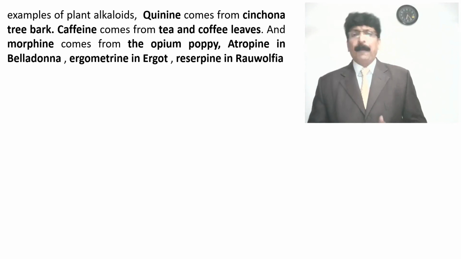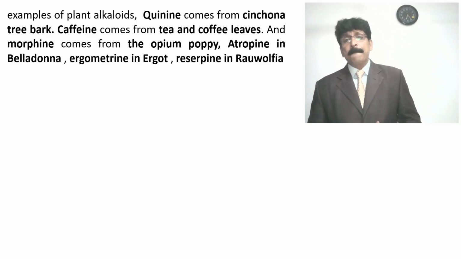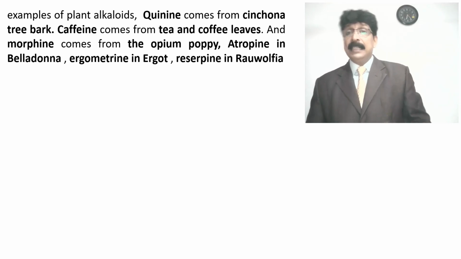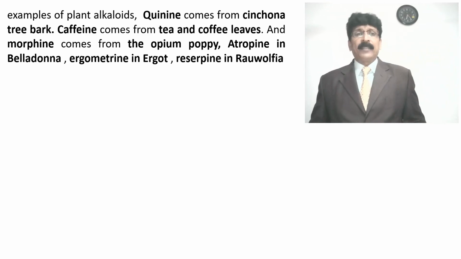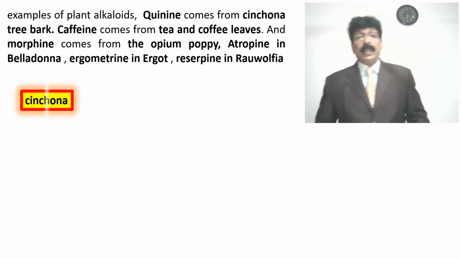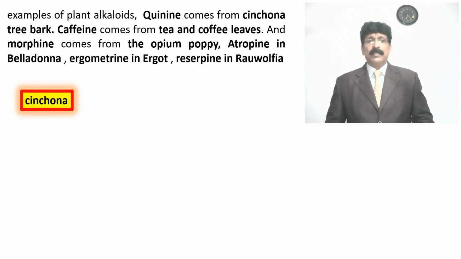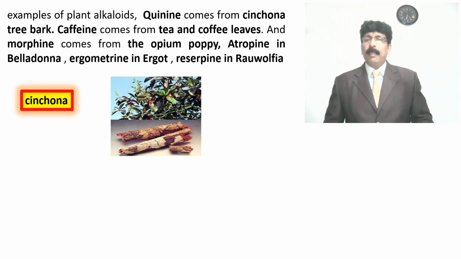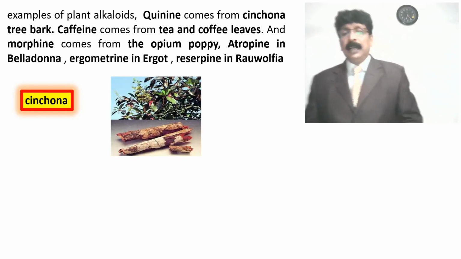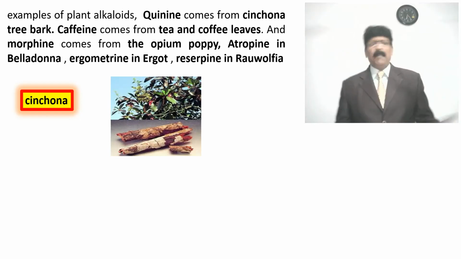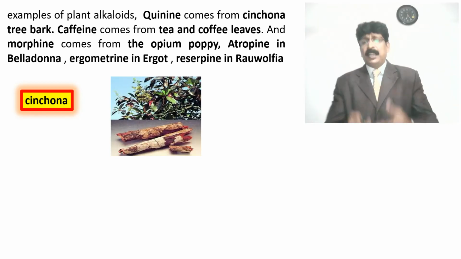Here particularly we have some specific alkaloid tests. Previously what we have seen is the general alkaloid tests. Now specific alkaloid tests they also used to ask. For cinchona calisaya, cinchona ledgeriana or cinchona officinalis, there are many species which you might have studied in theory.